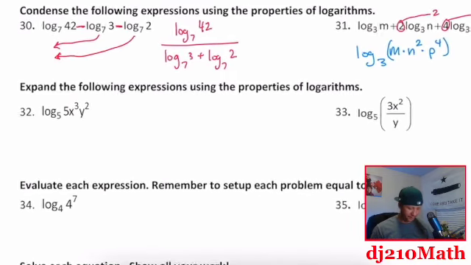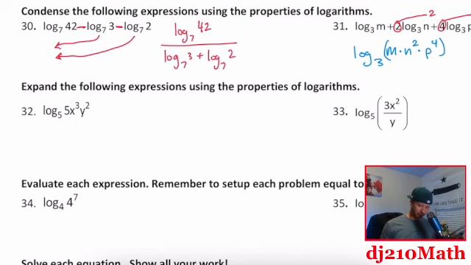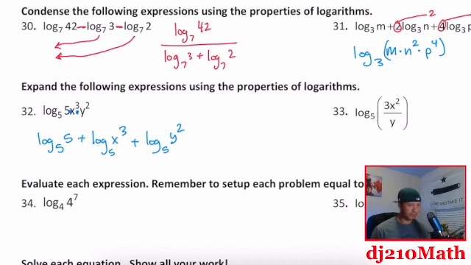So expanding number 32 out, this is literally 31 in reverse. So log base 5 of 5 times x cubed times y squared. So plus log base 5 of x cubed plus log base 5 of y squared. That is the first expansion.